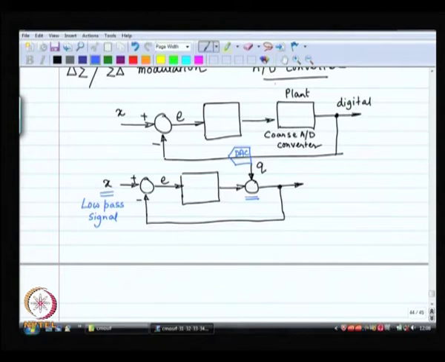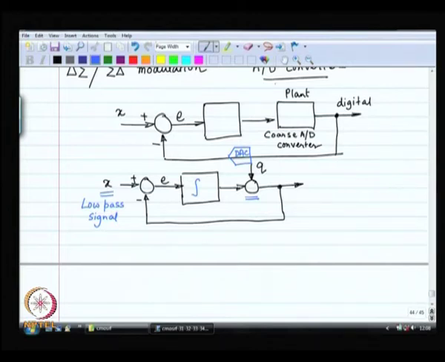In that case, if I have, let us say, some sort of an integration over here, let us put one integrator over there, you can put 2, 3, as many as you like, let us start with 1. So, let us say the controller is an integral controller, all right. X is a low pass signal, let us say X is a constant signal.